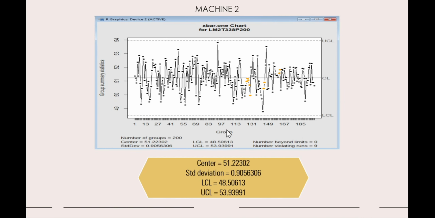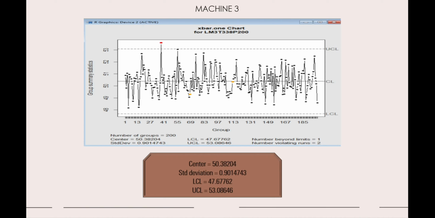For machine 2, the center is 51.22302. The standard deviation is 0.9056306. The lower control limit is 48.50613 and the upper control limit is 53.93991.